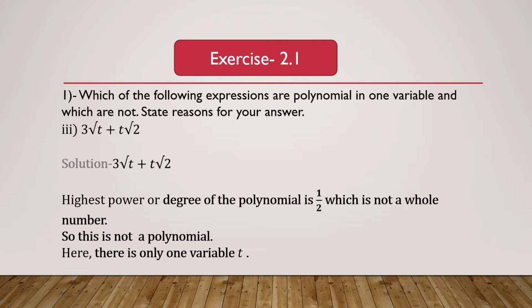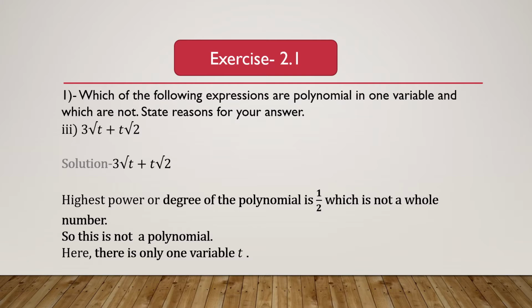We know that for a polynomial, the degree must be a whole number, that is, starting with 0, 1, 2 and so on. But here the degree of this polynomial is half, 1 divided by 2, and this is not a whole number, so this is not a polynomial. And now we will check whether the polynomial is in one variable or not.